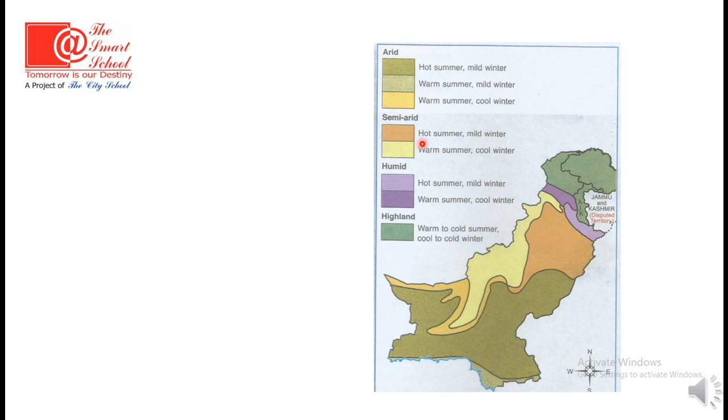Now say the areas having this rust color have hot summers and mild winters. Just look at the map. This area has rust color. It means that in these areas the summers are very hot and the winters are mild. So this way you can read the whole map.